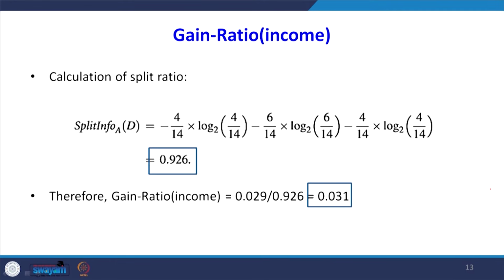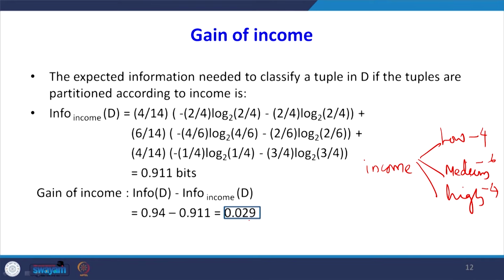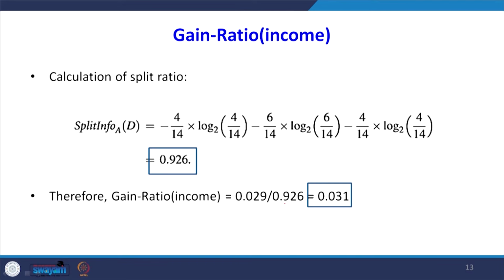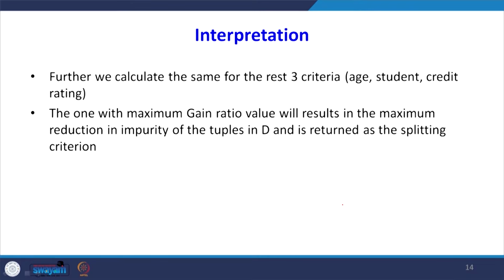So, split info is 0.926. Therefore, the gain ratio for the attribute income is 0.029 divided by 0.926, that value is 0.031.